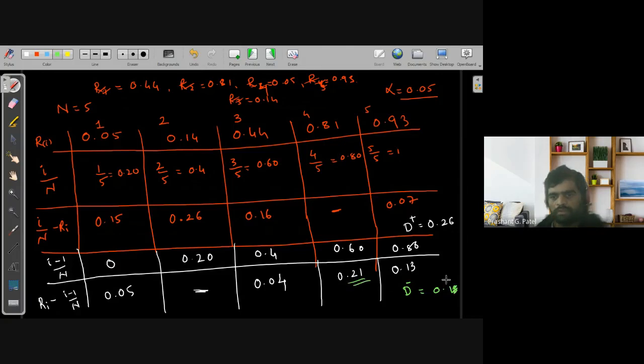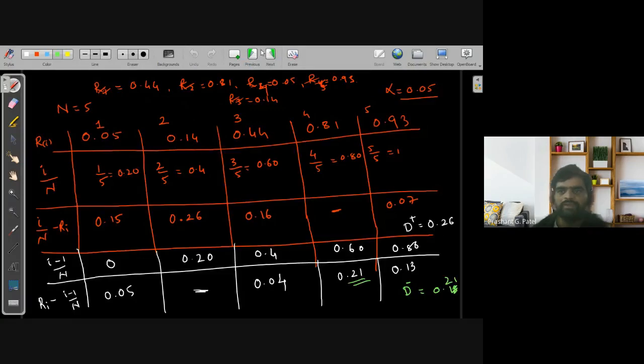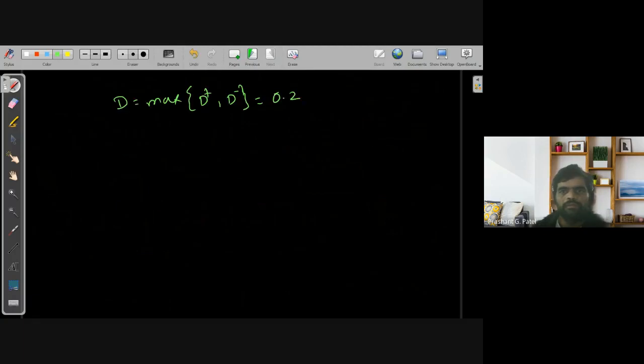Yes, this is 0.21. So D is the maximum of D plus and D minus, which will be 0.26. And now we'll see the table. I will show you the table also.